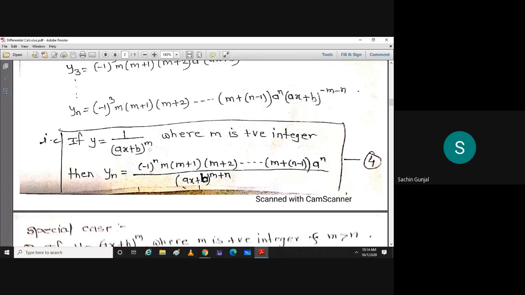Will you please simplify and tell me? m is 1.